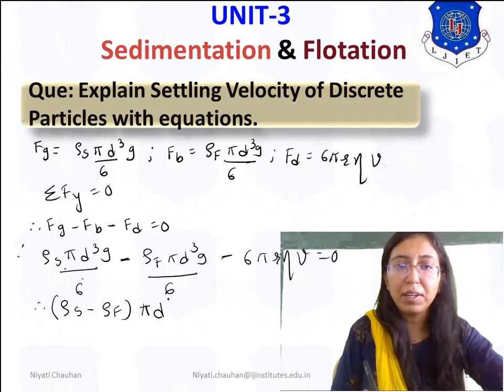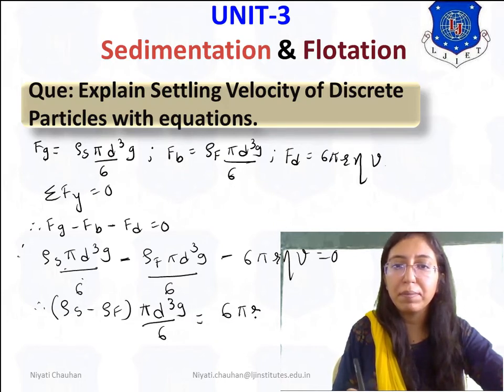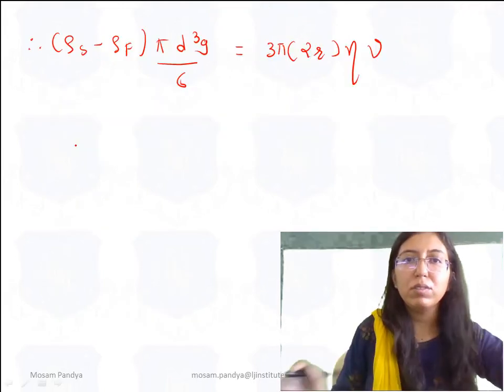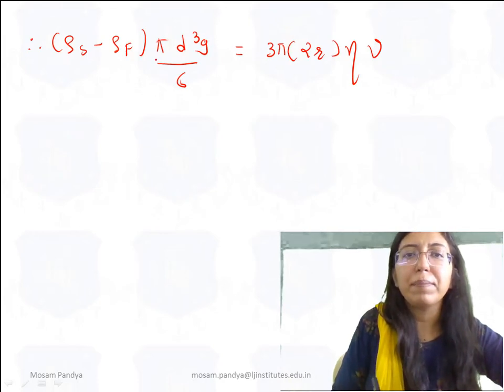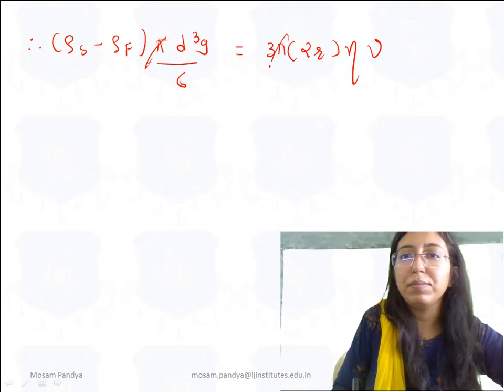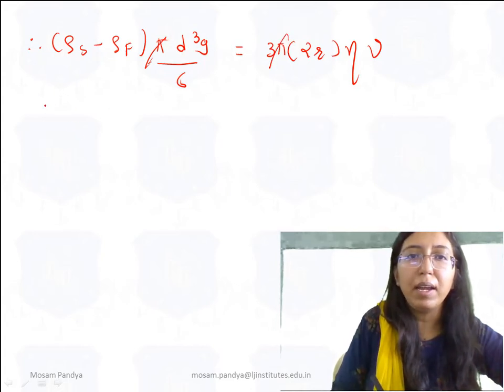The same terms are written here: pi d cube g upon 6 is equal to 6 pi r eta v. Here pi cancels.